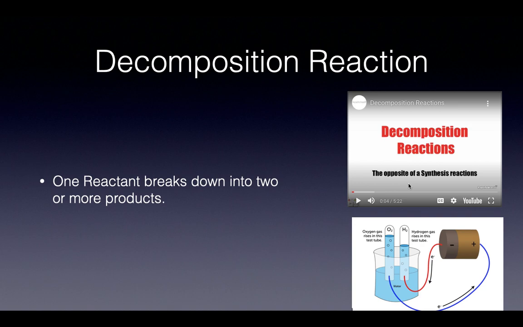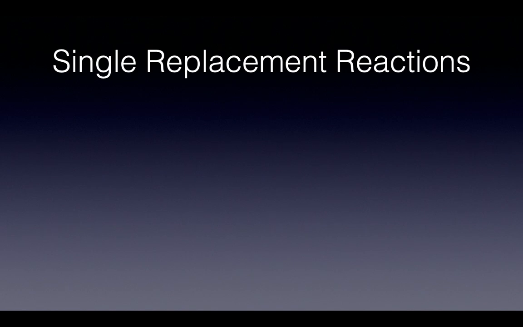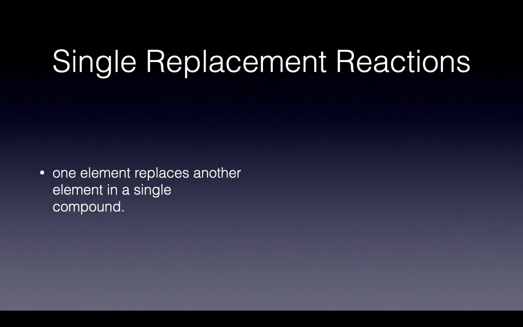So let's go ahead and jump to single replacement reactions. When I think about single replacement reactions, I think about Mr. Steal Your Girl or Mrs. Steal Your Man's. All right, that's where one element replaces another element in a compound. That would be like if you and your best friend were hanging out and your best friend had a girlfriend and you were like, man, I really like that girl.